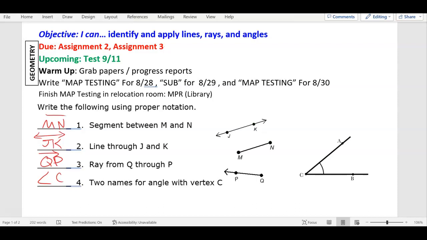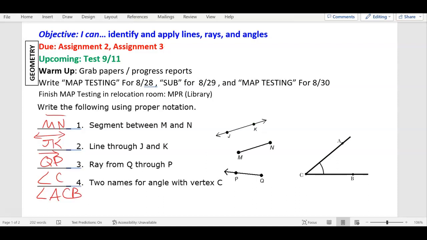Usually, you write it with 3 letters, and the middle letter has to be the vertex, the corner. So if I pick the 3 letters that make the angle, it would be A, C, B, or B, C, A. So underneath it, I'm going to put the other one, angle ACB.